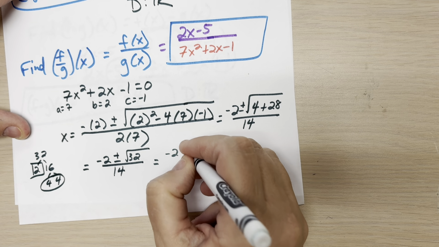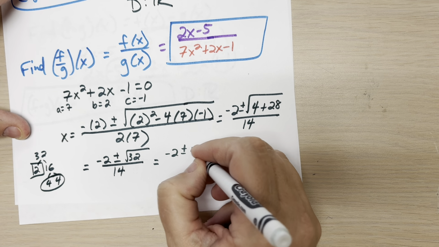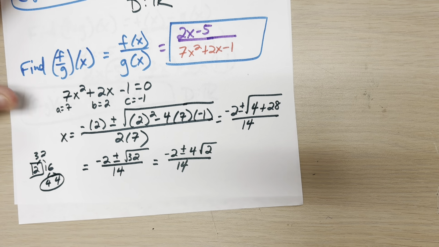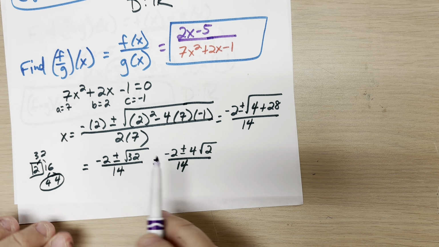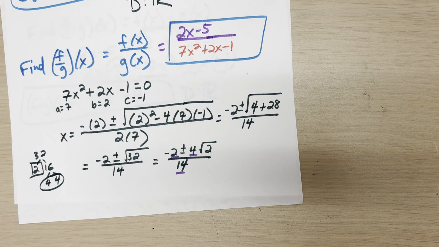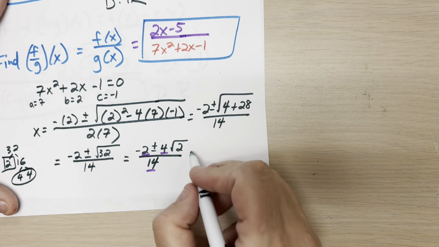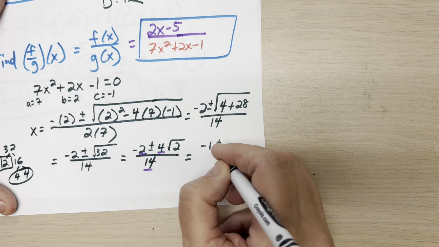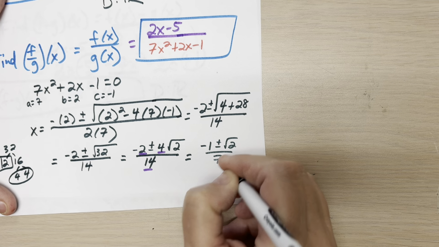So I have -2 plus or minus 4 rad 2 over 14. Now the nice thing here is that all of my numbers that can be reduced are even. So I can simplify this a little bit. So this is going to give me -1 plus or minus rad 2 over 7.